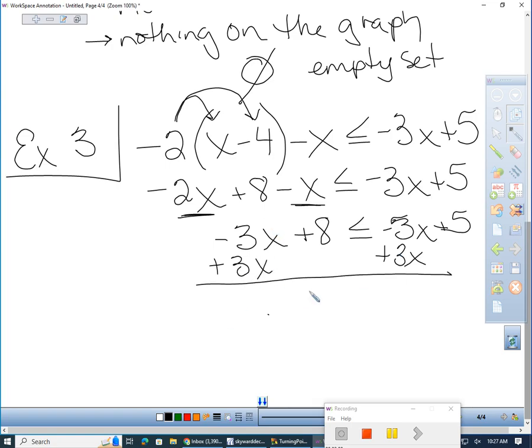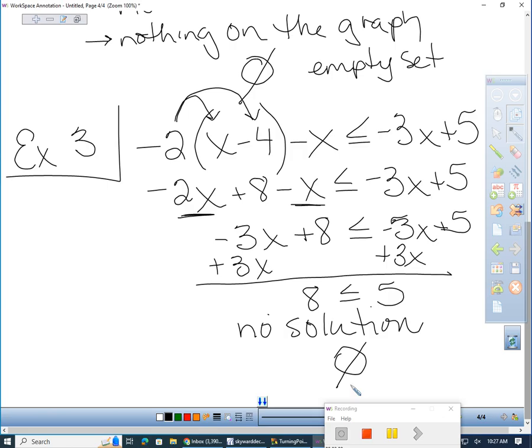Our x's drop out. I have 8 is less than or equal to 5. Is this true? It is not, so this is no solution. And we write in empty set for your interval notation. And you don't graph anything. Okay?